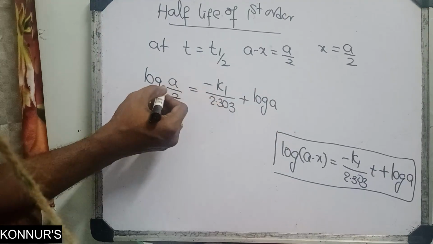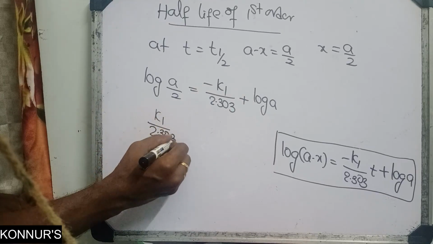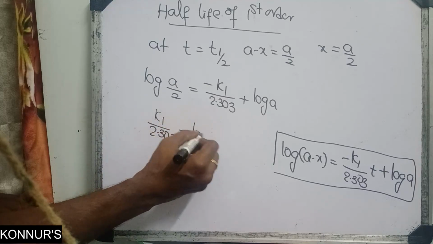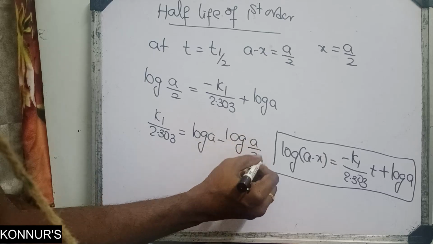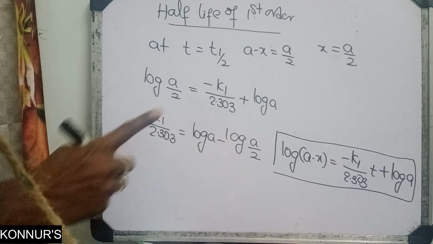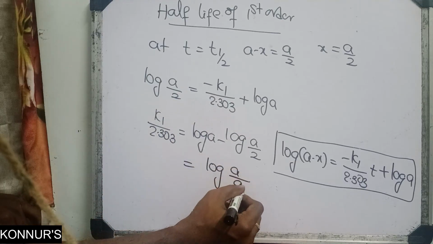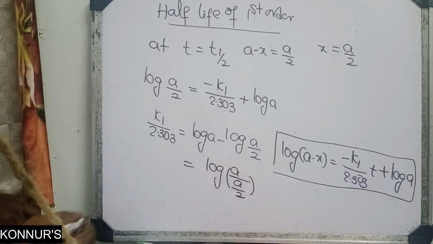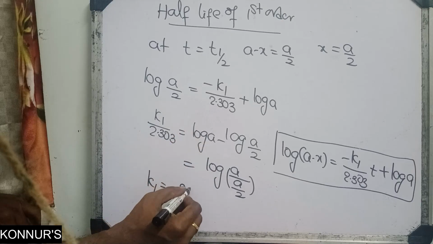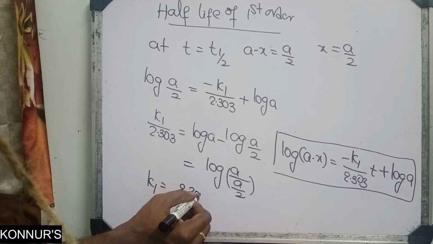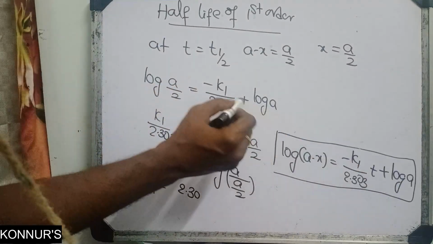So you take this to this side and that to that side. So k1 t by 2.303 equal to log a minus log a by 2. Log a minus log b, that is log a by b. So that is log of a by a by 2, that is log 2.